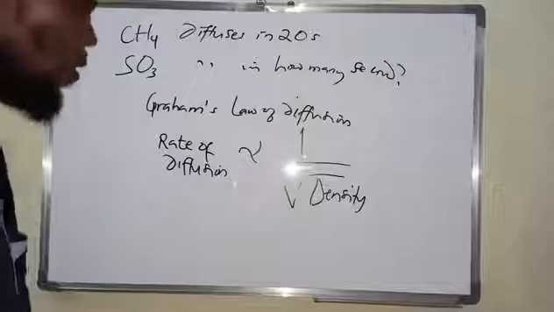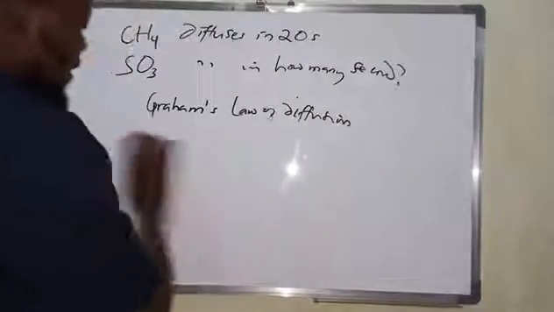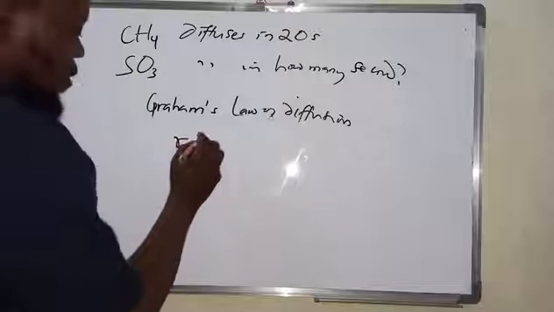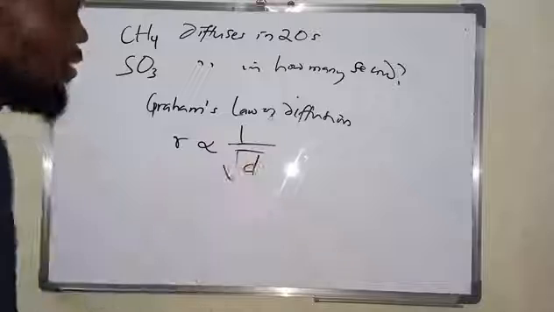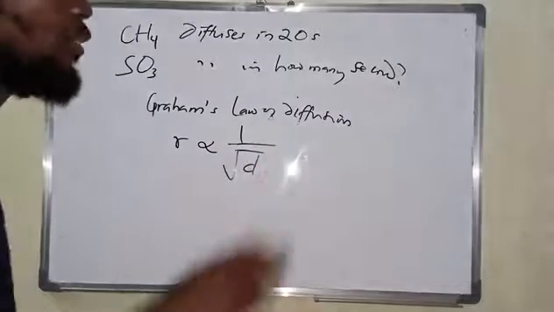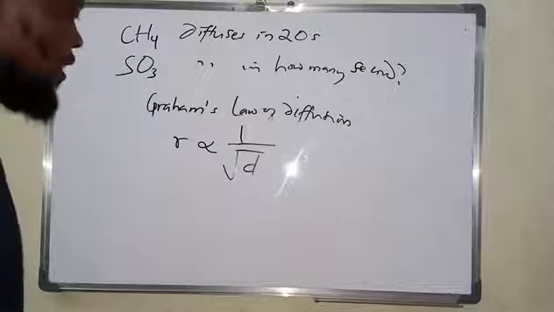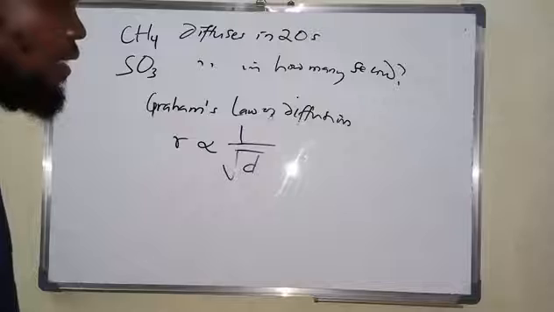So this law we can write, if we represent the rate as R, then 1 over the density. If I'm now comparing two gases of the same volume, or even before that, in place of density, we can use mass.